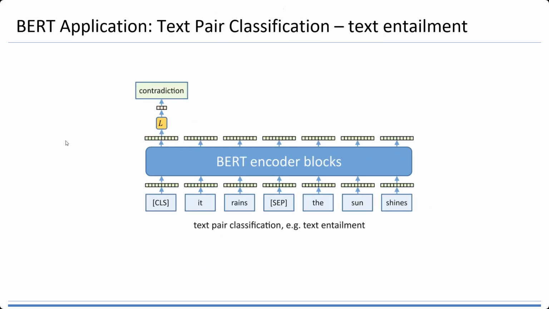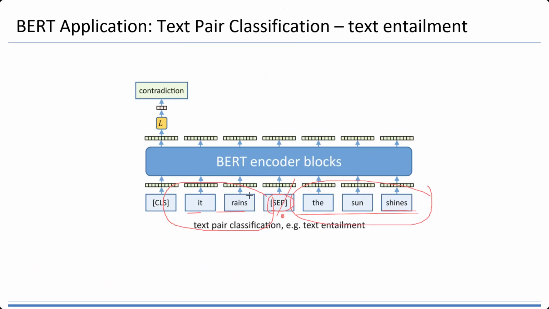Another kind of application is text entailment, where I want to see the connection between one sentence and another. For example, I have the sentence it rains, then a separator, which means the sentence is finished, and then another sentence: the sun shines.